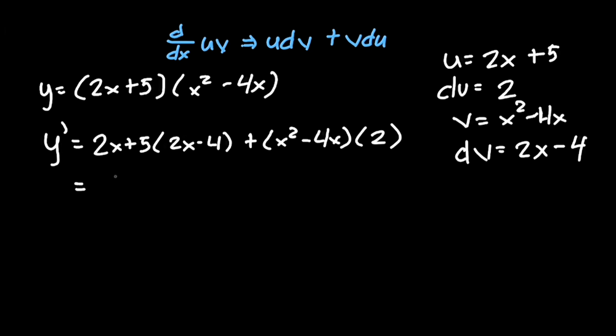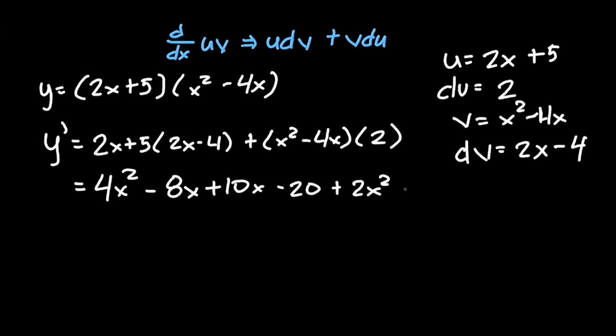Simplify this, you will get 4x squared minus 8x plus 10x minus 20 plus 2x squared minus 8x. Simplify this and you will get 6x squared plus 10x minus 20.